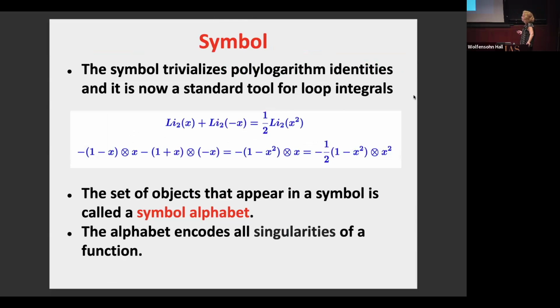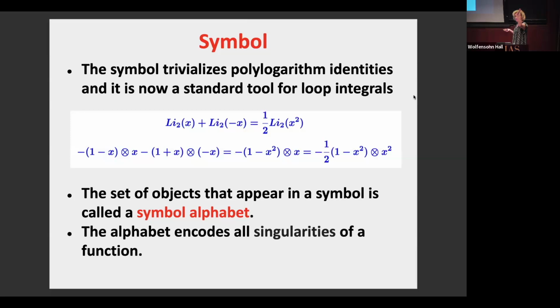The symbol of Li2 of minus x switches x to minus x. Using the properties of the tensor product, which I'm not reviewing, this is nothing but (1 minus x squared) tensor x, which is again nothing but (1 minus x squared) tensor x squared, and that's the symbol of the function on the right-hand side. So that's a symbol.